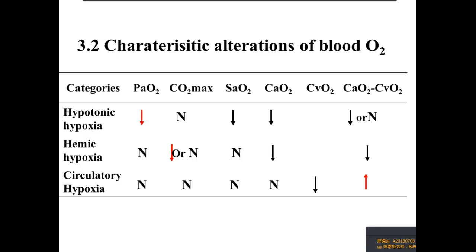So the four parameters are normal. What increases or decreases? The arteriovenous difference of oxygen content increases, so oxygen content in the vein decreases. Understand? In the artery it's normal.